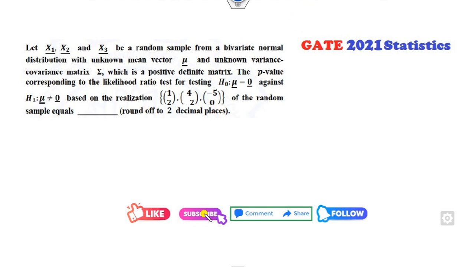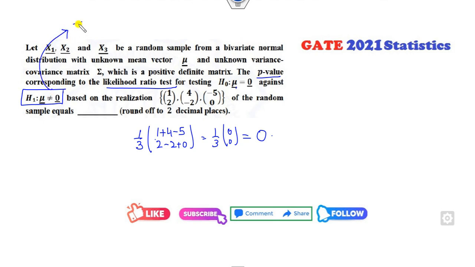Okay, look at this another one. It's a GATE examination. Again, your target is to find the p value of the likelihood ratio test. It's a mean. Can you find the mean of this? It's 3 samples: 1 plus 4 minus 5, and 2 minus 2 plus 0. So it is 1 over 3 times 0 comma 0, that is 0. Again you can see this is a two tail, and you are talking about the mean.